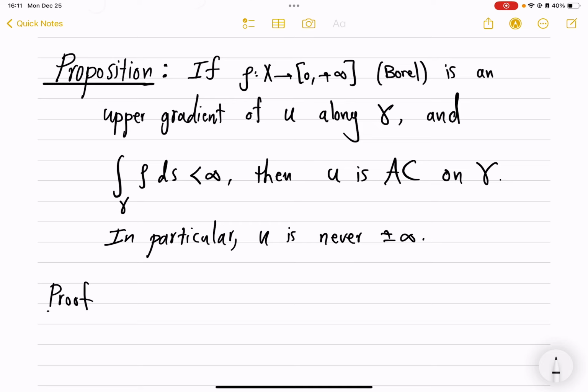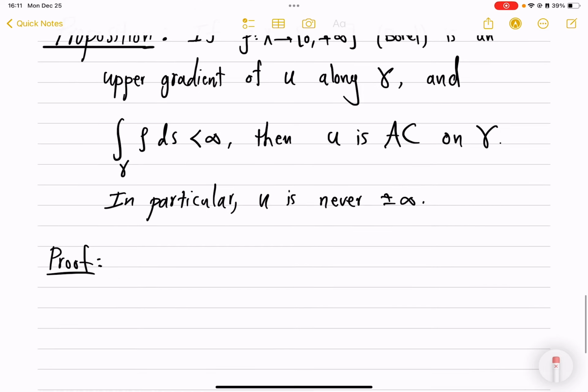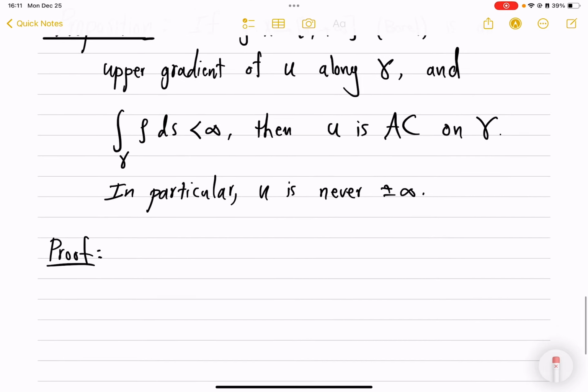Okay, so this is saying that if you have an upper gradient which is small in the sense that its integral over the whole curve is finite, then you do get absolute continuity of the function along a curve, which is quite strong. Well, how do we prove it?